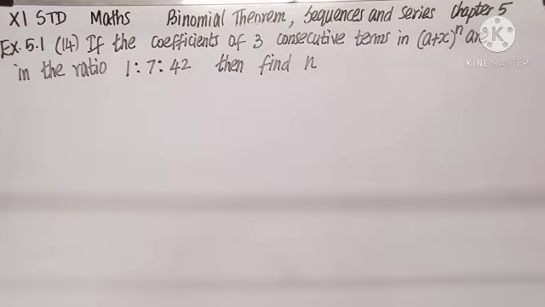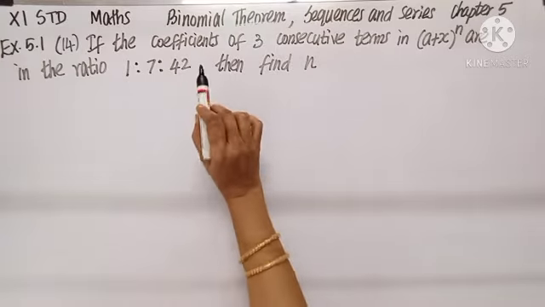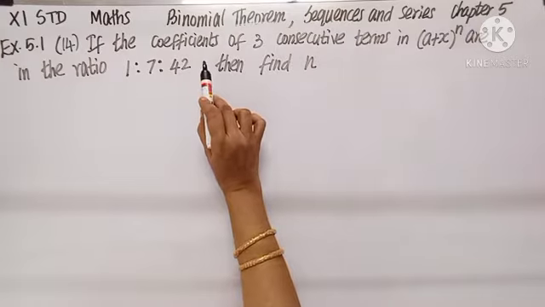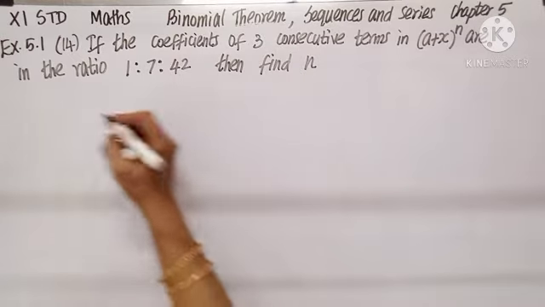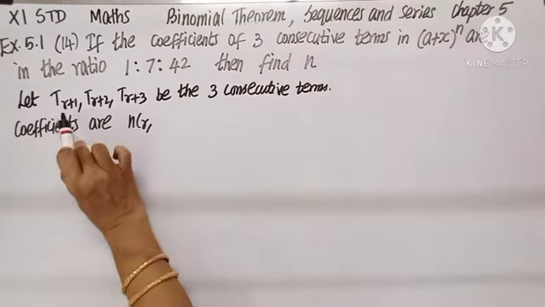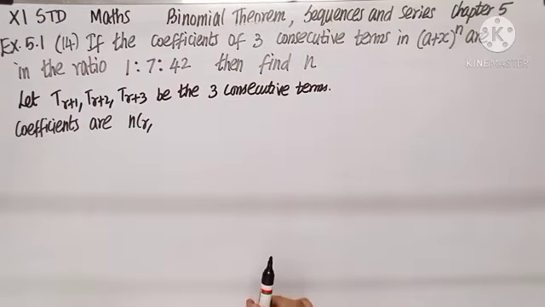Question number 14. If the coefficients of 3 consecutive terms in (a plus x) the whole power n are in the ratio 1:7:42, then find n. As we have done many problems, we know the coefficient is nCr. 3 consecutive terms let us take as T(r+1), T(r+2), T(r+3).